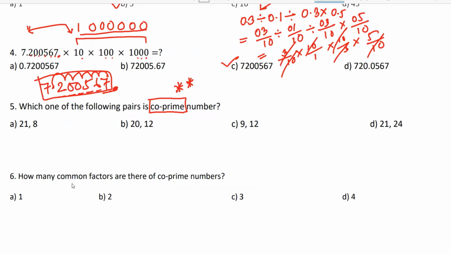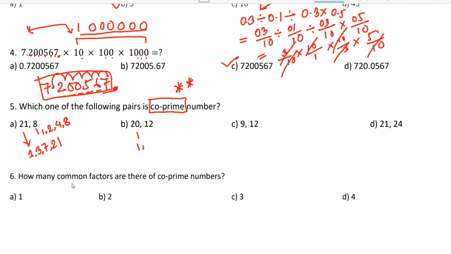Okay, we have to find the factors of 21: 1, 3, 7, 21. These are the factors of 21. Now factors of 8: 1, 2, 4, 8. Now if we give attention, okay, review another one.